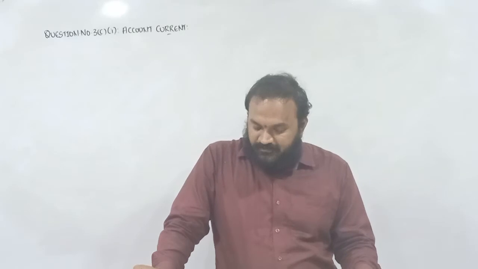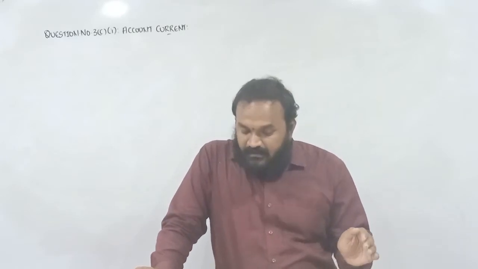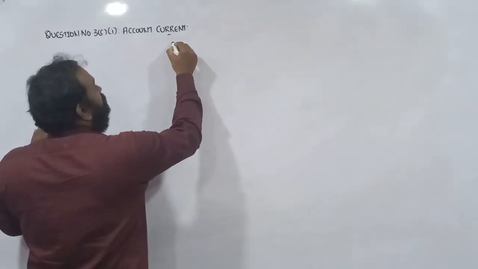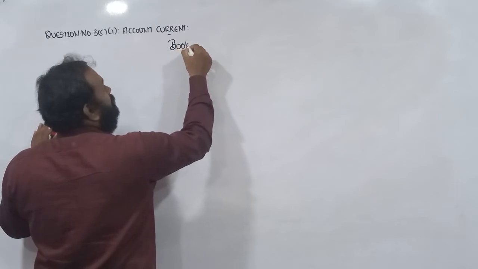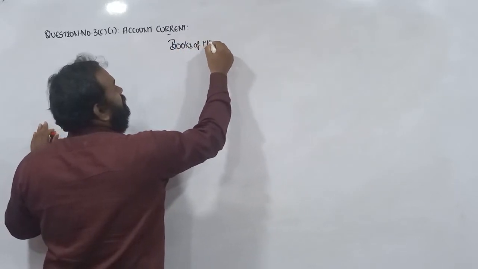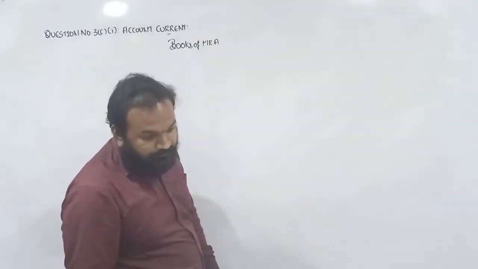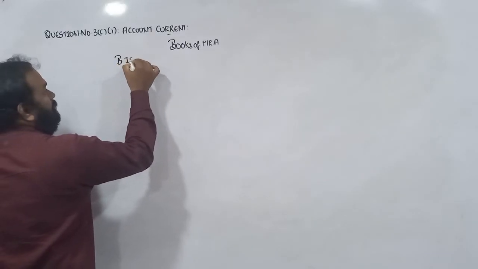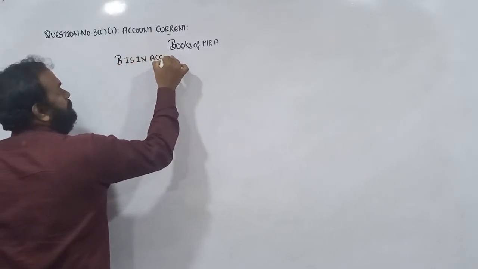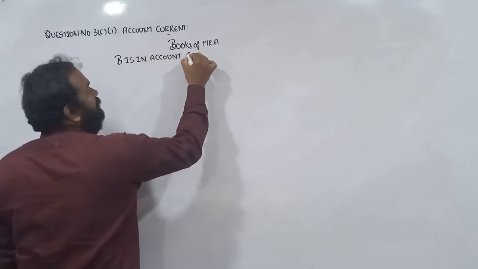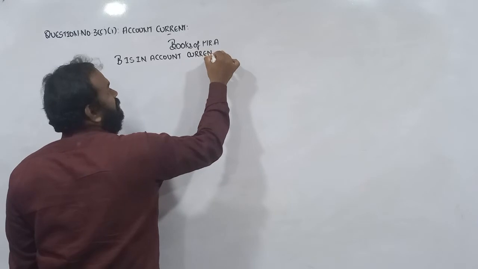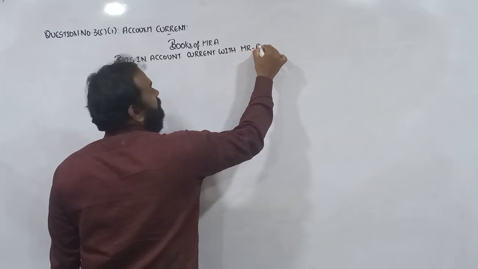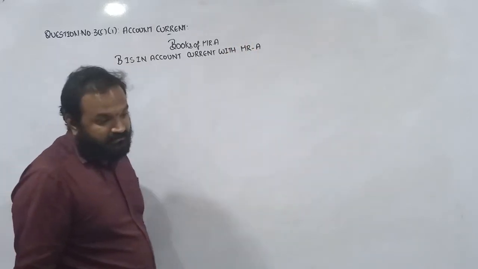Certain transactions between A and B are given. Right, first, books of Mr. A. Right, so B is in account current with Mr. A. So what is the date?